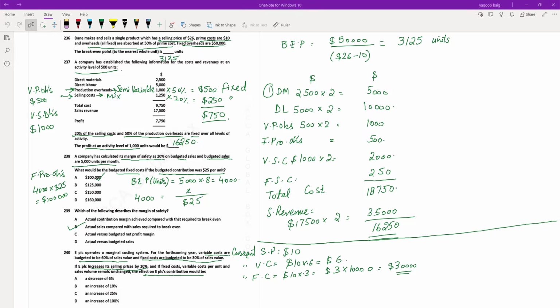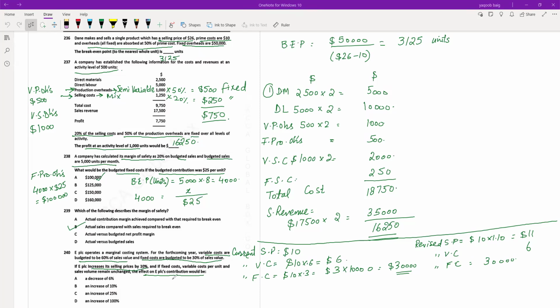If EPLC increases its selling price by 10%, so revised selling price is equal to $10 into 1.10, 11. Rest of the cost will remain the same. Variable cost is 6 and fixed cost will remain 30,000.